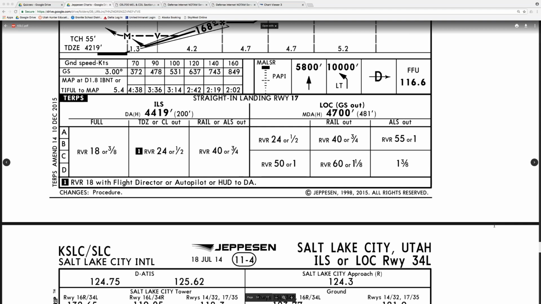So engine start and, yeah, air conditioning, pressurization, right? Okay, that's all I need.